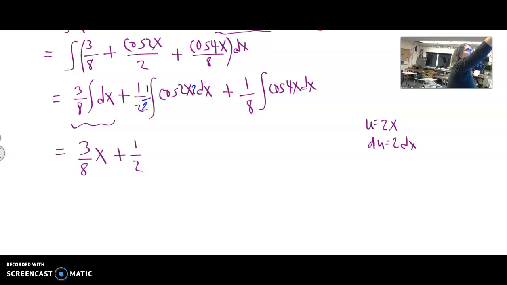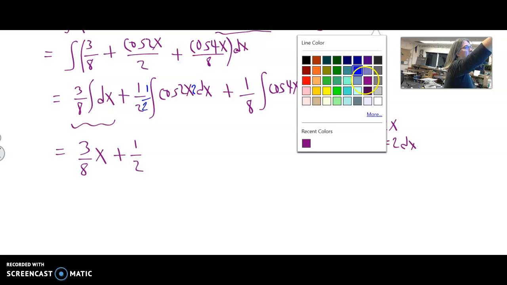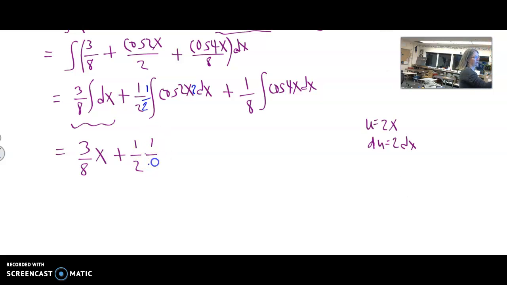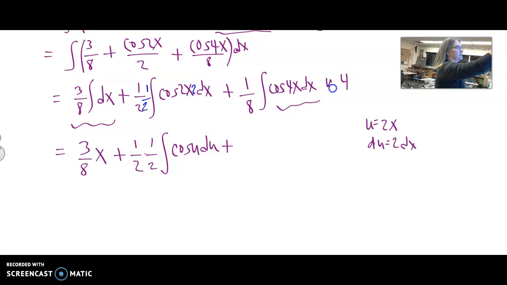And so that becomes 1/2 times 1/2, which is going to become 1/4, and then this is going to be cosine of u du, plus, for this integral, I have u equals 4x, and then du would be 4 dx.